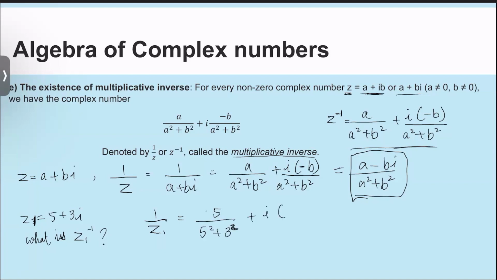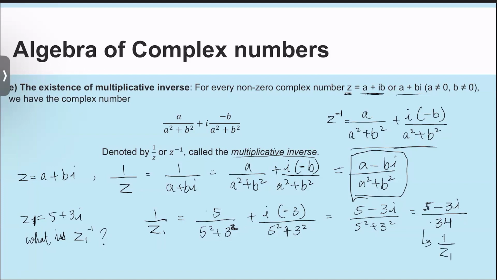Now you get the negative sign of 3, again divided by the same denominator, so what you're left with is minus 3i. So we take 25 plus 9, and what we get is 34.